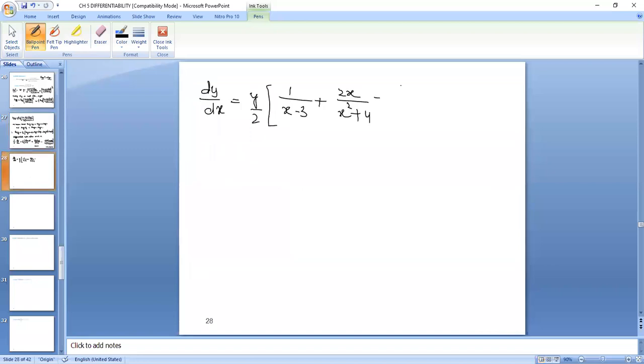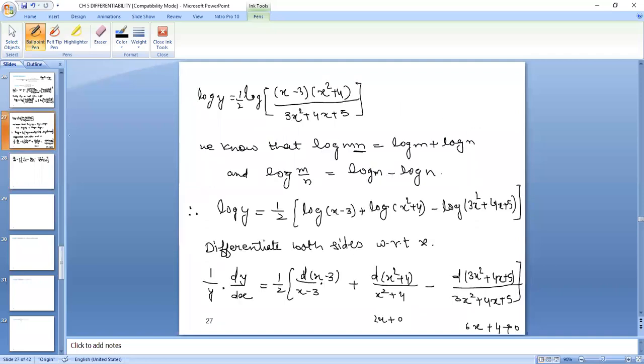So we will be having 6x plus 4 upon 3x square plus 4x plus 5. This is after taking the derivatives. We have taken the derivatives of each and every term now.